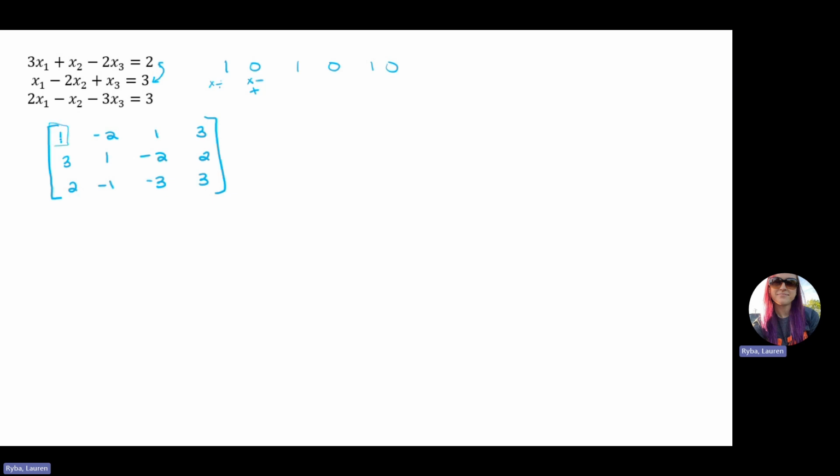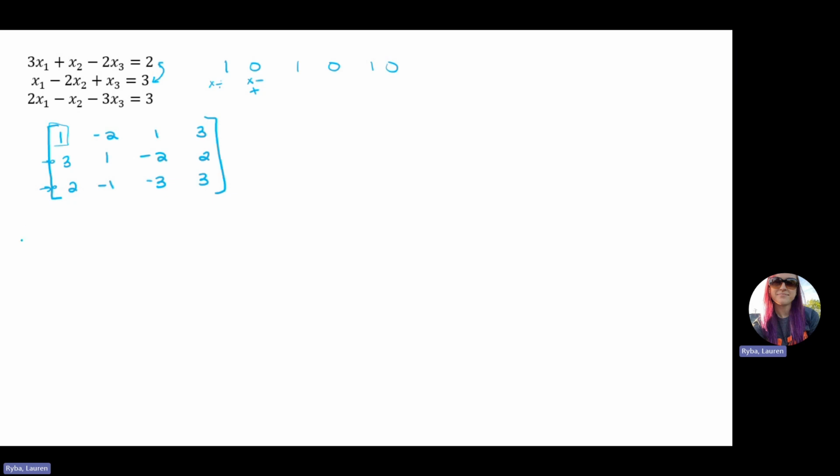So our 1 is already here. So what we need to get is 0s beneath it. So we've got to get a 0 here and a 0 here. So what do I need to multiply by to cancel out 3? We multiply by the opposite. The opposite of 3 is -3.